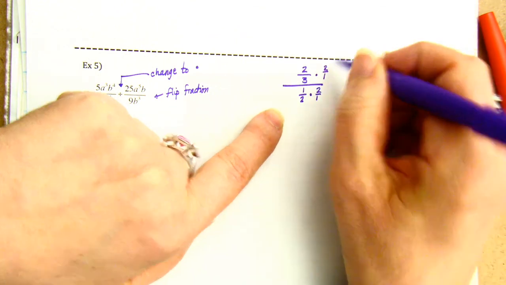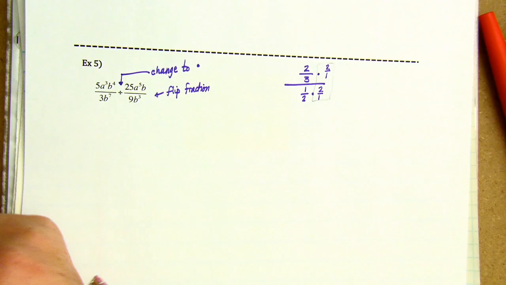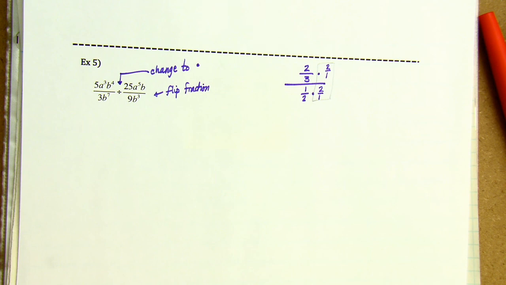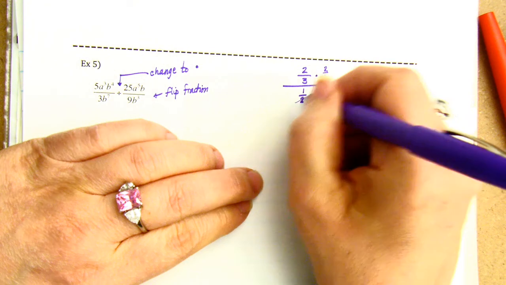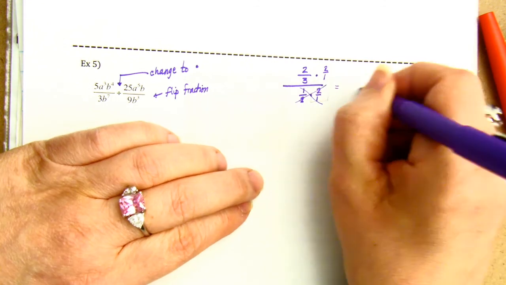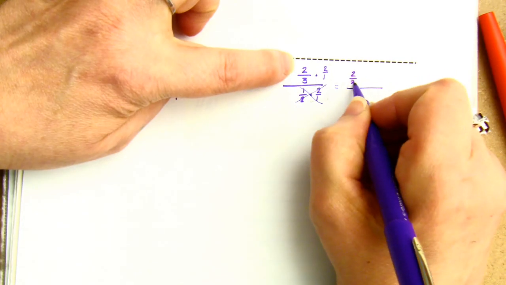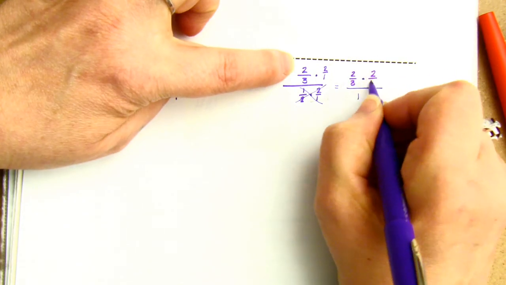So this thing right here is really multiplying by a 1, if you see it, right? 2/1 divided by 2/1. That allows me to free up the denominator and make it become a 1. And now I've got 2/3 times 2/1.